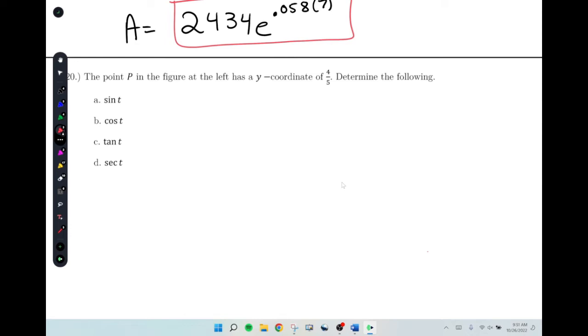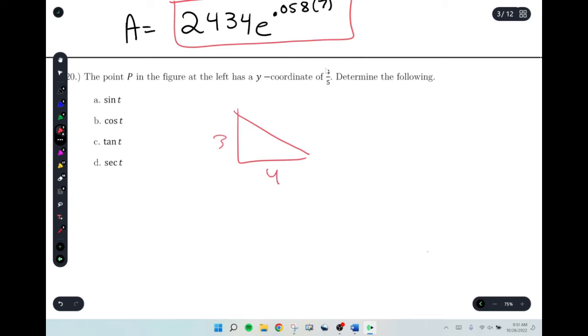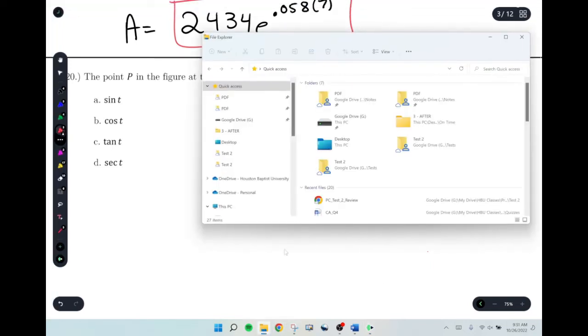Oh, wait. I know the problem is supposed to be asking about a 3, 4, 5 triangle, right? Or maybe we have to use the equation x squared plus y squared equals 1. Yeah, we're going to end up using that.